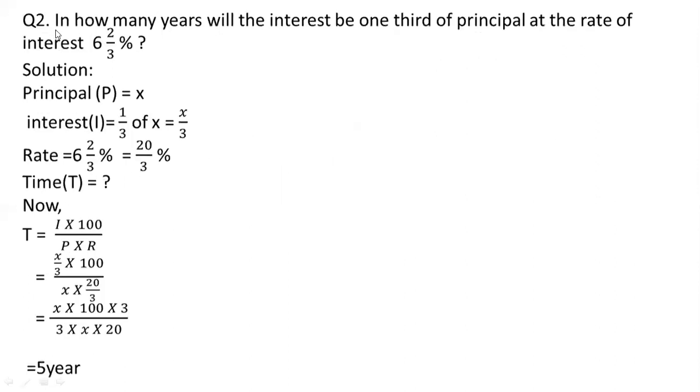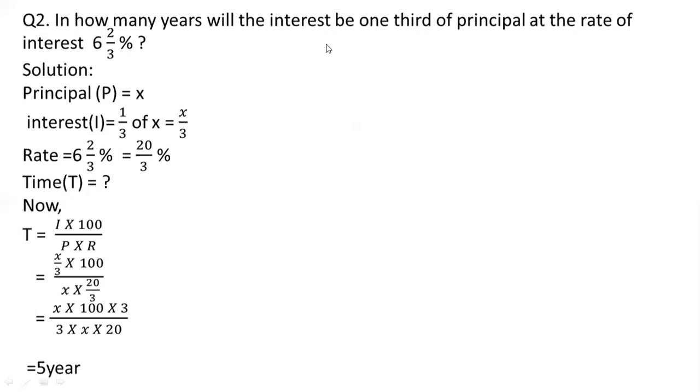Question number two, look at it. In how many years will the interest be 1/3 of the principal at the rate of interest 6 whole number 2 by 3? 6 whole number 2 by 3 means 6 3s are 18, 18 plus 2, 20. So it will be 20 divided by 3.